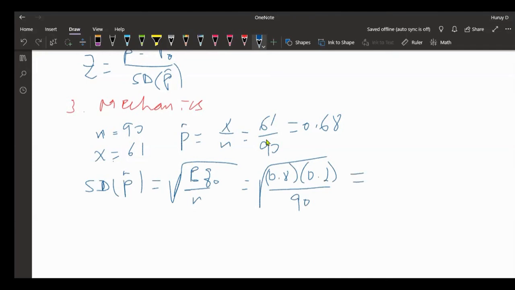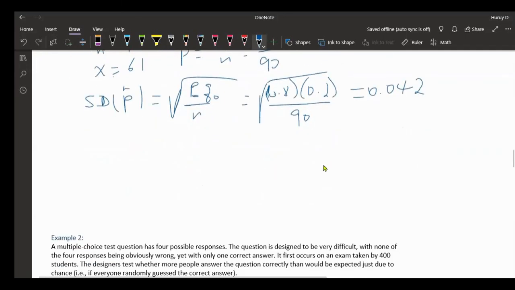And this is 0.8 times 0.2 divided by 90. I got 0.042. You can check this one. Now we have this, and the next is to find the z-value.